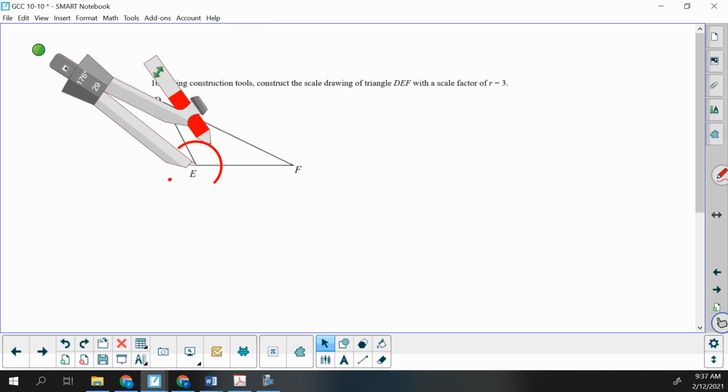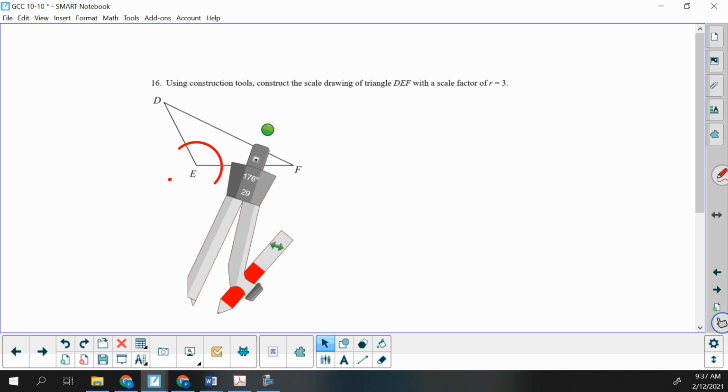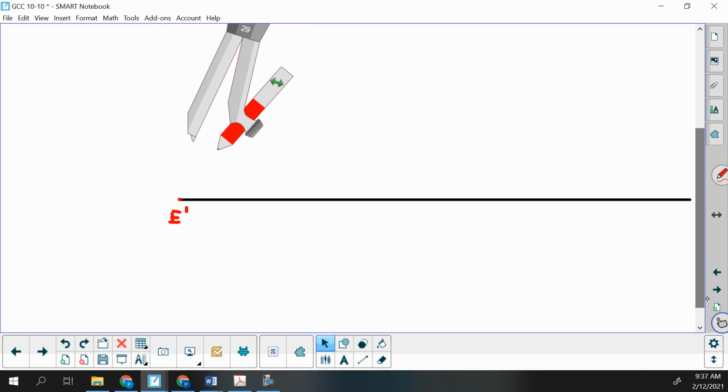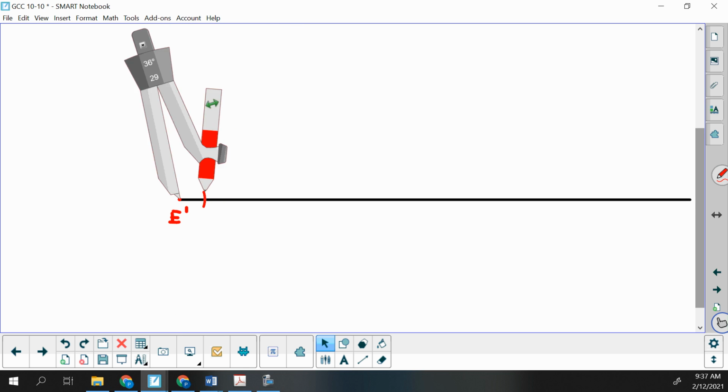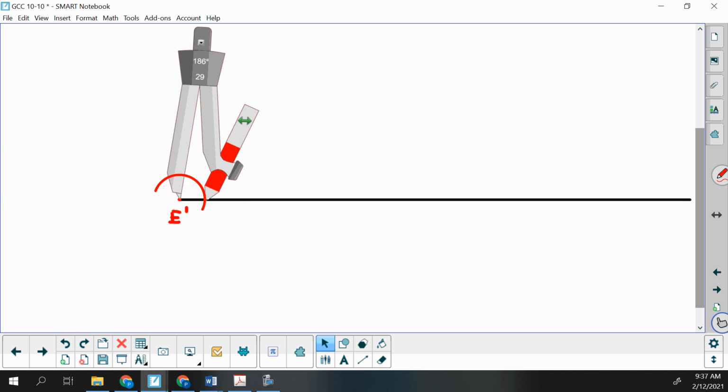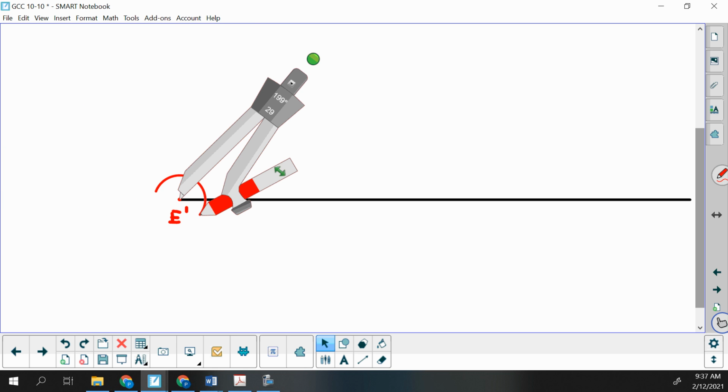Then keeping your compass the same, come down and do that same arc from E prime. And make it big enough because we don't know where it's going to intersect at this point.